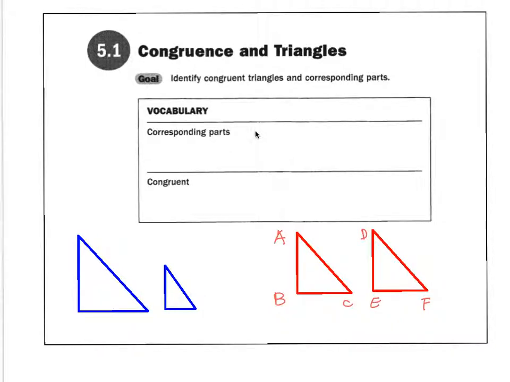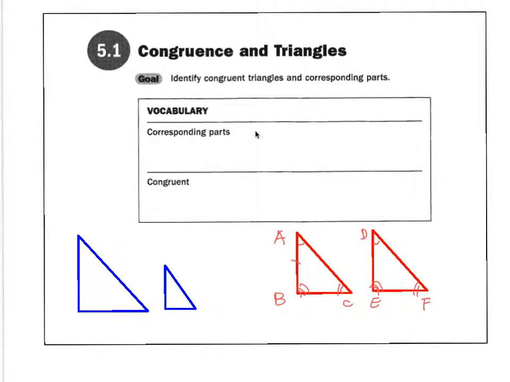When we say that they're congruent, we mean their corresponding angles are congruent: angle A and angle D, angle C and angle F, and angle E and angle B. So there are three pairs of congruent angles.